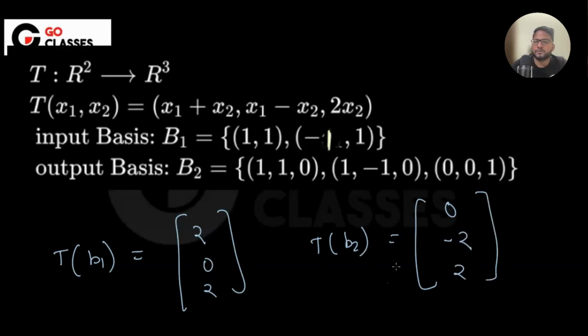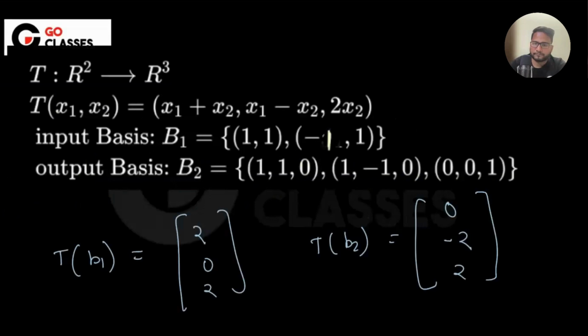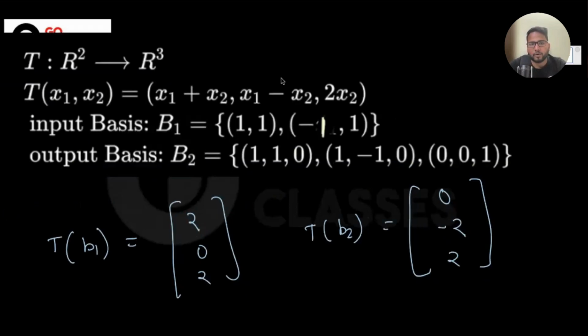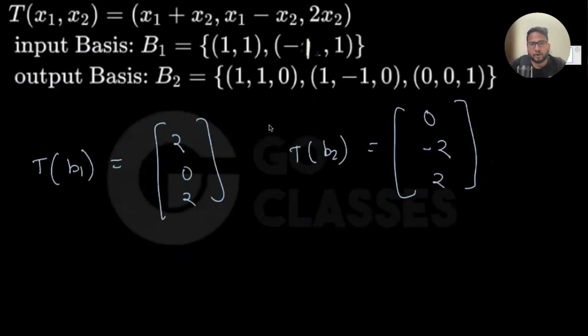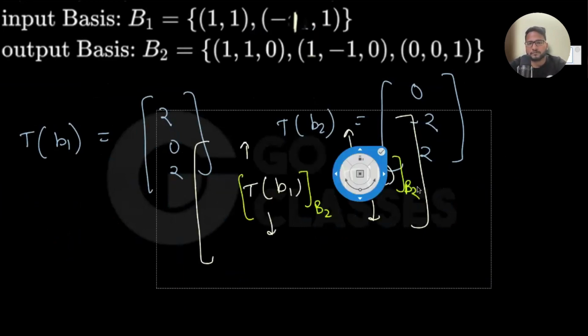Now, is this what we want, or do we want this with respect to b2? Tell me. We want it with respect to b2, right? So let's find this out. These are the transformed vectors that we have, but ultimately we don't want this. We want these transformed vectors with respect to b2.